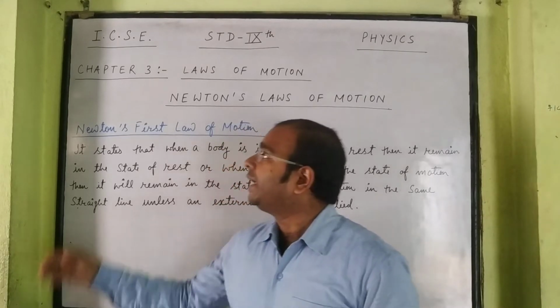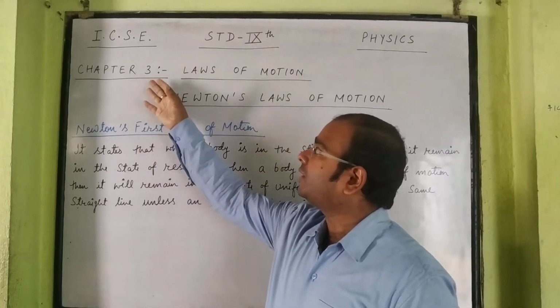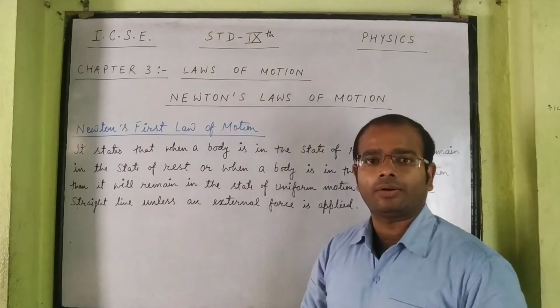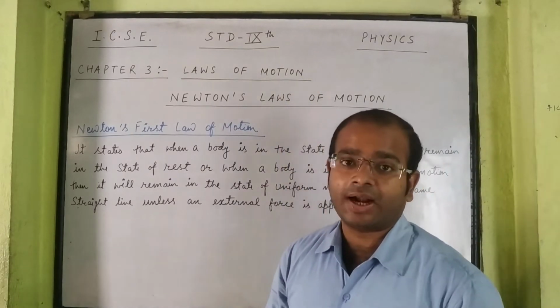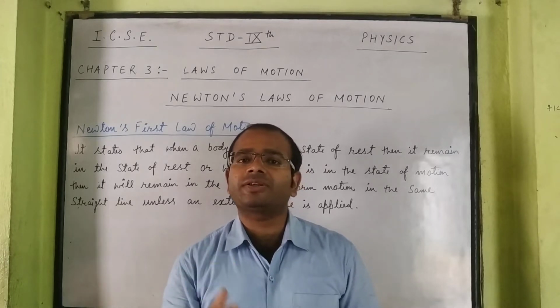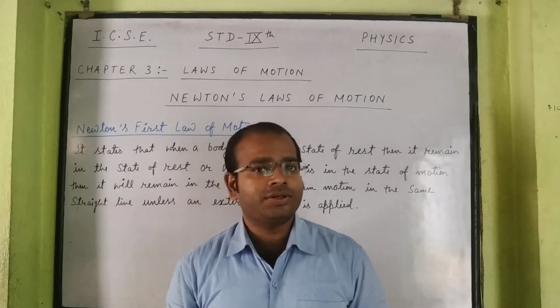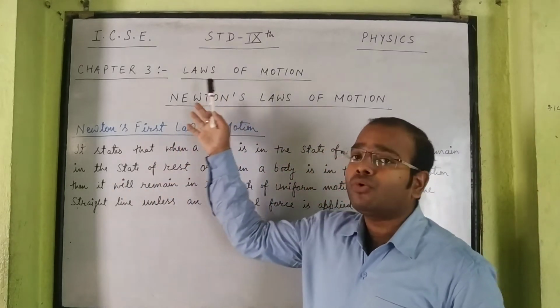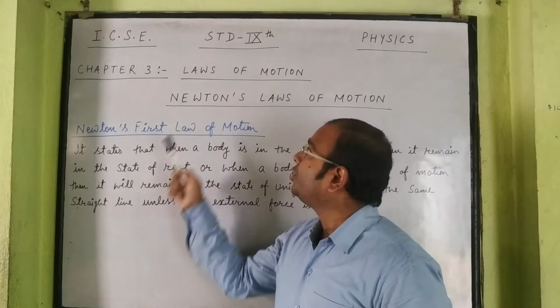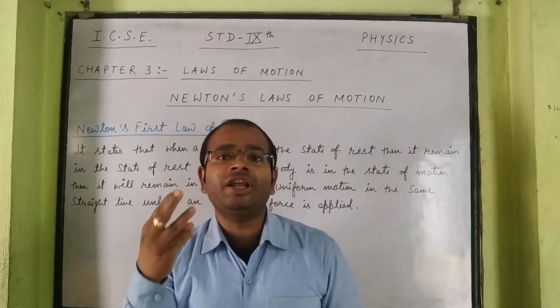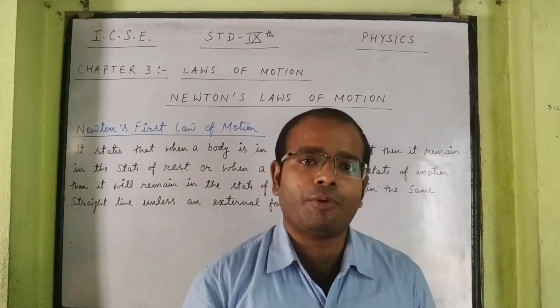Now, in chapter 3, we are going to discuss laws of motion. Everyone knows that the laws of motion were given by a very famous and genius scientist, Newton. So the laws of motion are most famously called Newton's laws of motion, and Newton has given 3 laws to explain the motion of a body.